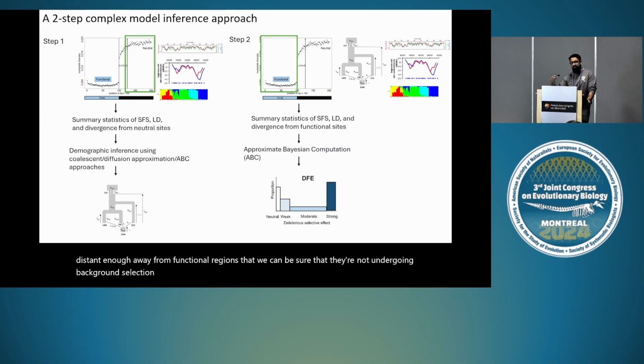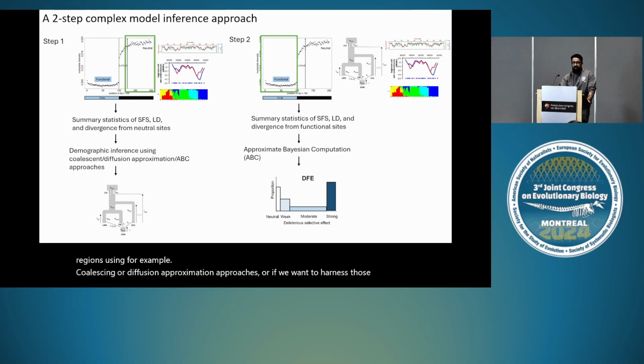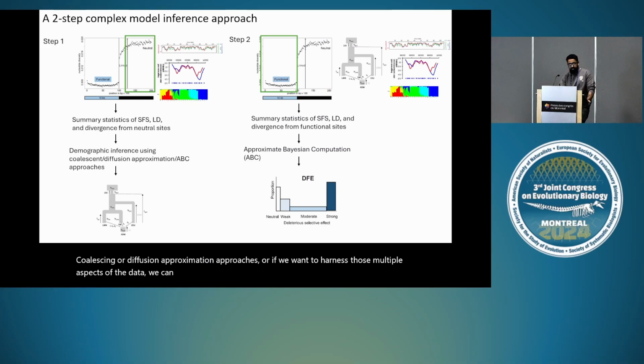With region-specific mutation and recombination rates and information on population structure, we can perform demographic inference on these regions using, for example, coalescent or diffusion approximation approaches. Or if we want to harness those multiple aspects of the data, we can use an approximate Bayesian computation approach. And because we're not worried about DFE parameters at this point, we can infer a far more complex model with a greater number of parameters.